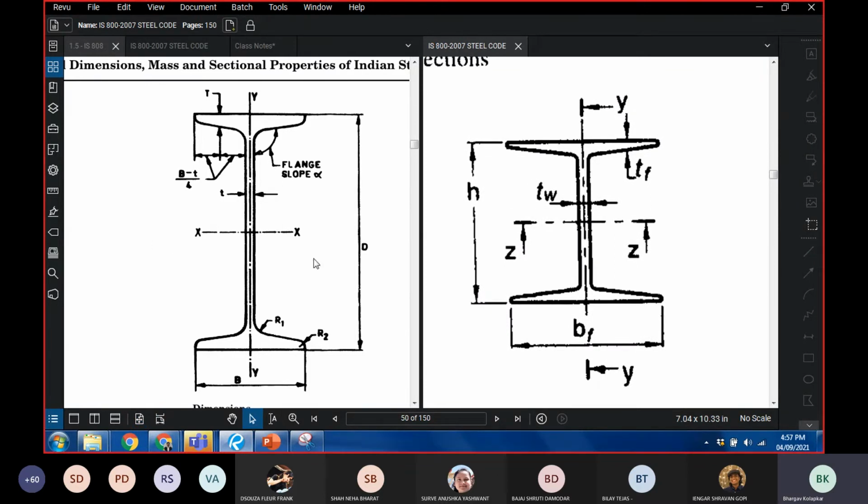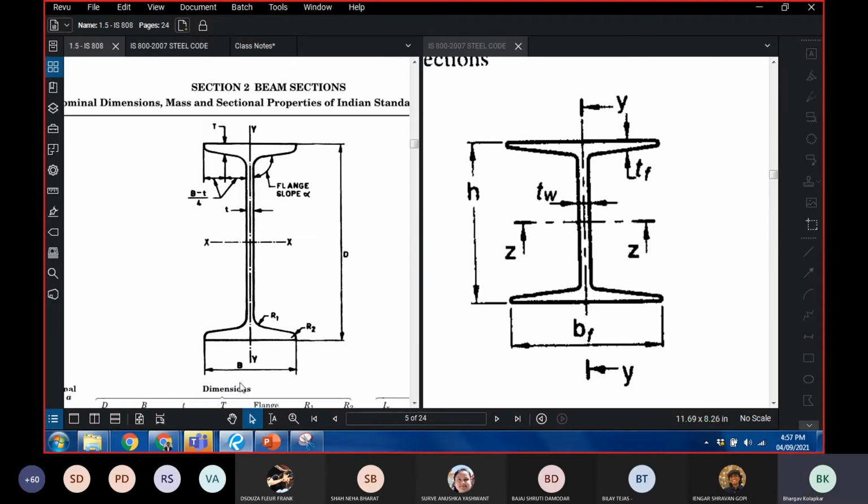Here, they say that the major axis is X. IS 800 says that the major axis is Z. Just a difference of notation. Principally, what it stands for remains the same. The minor axis is Y. Here also the minor axis is Y. Here, the depth is represented by capital D. Here it is small h. Here the width is represented by capital B. Here it is represented by BF.